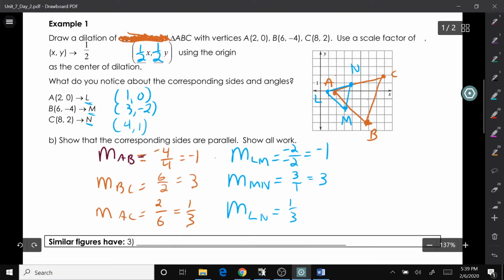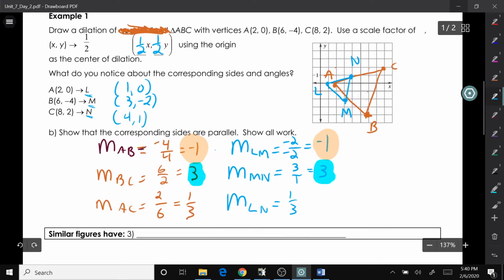So you'll notice that the corresponding sides have the same slope. And remember, if the sides have the same slope, that means they are parallel. So that gives us another property, that the corresponding sides are parallel.